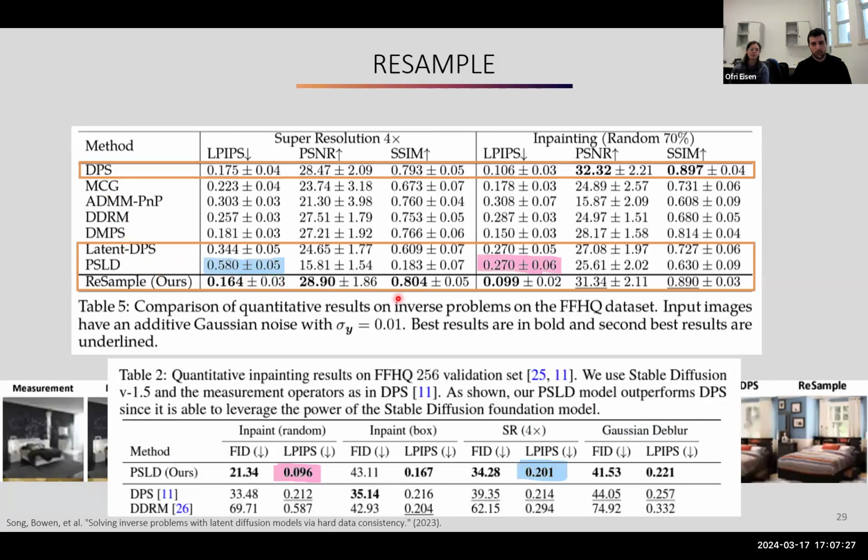And we would like to note that there is some inconsistency between the two papers. The two papers show the results of PSLD, but there is a big gap between the results of PSLD between the two papers, even though you use the same dataset and you do the same task. There is a little bit of difference in the noise variance, but the higher variance is actually in this paper, down below.